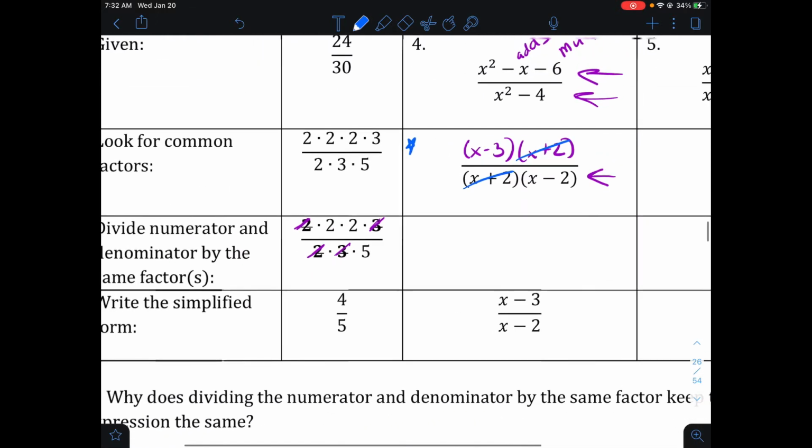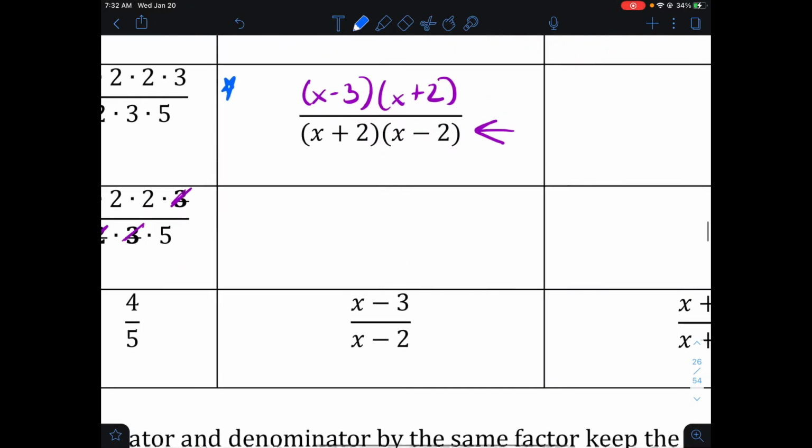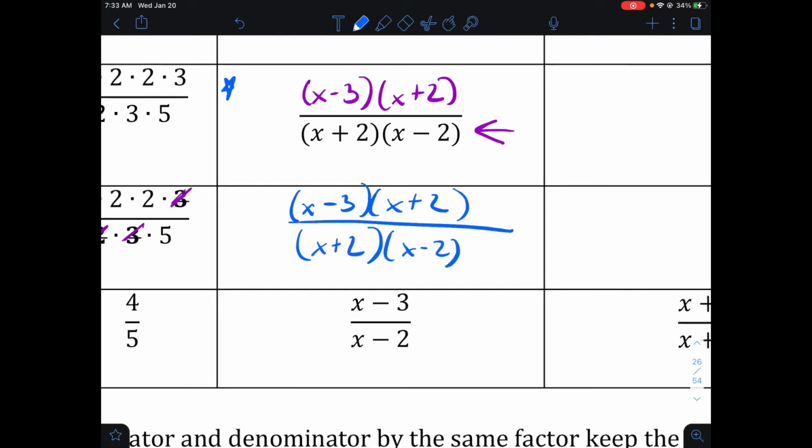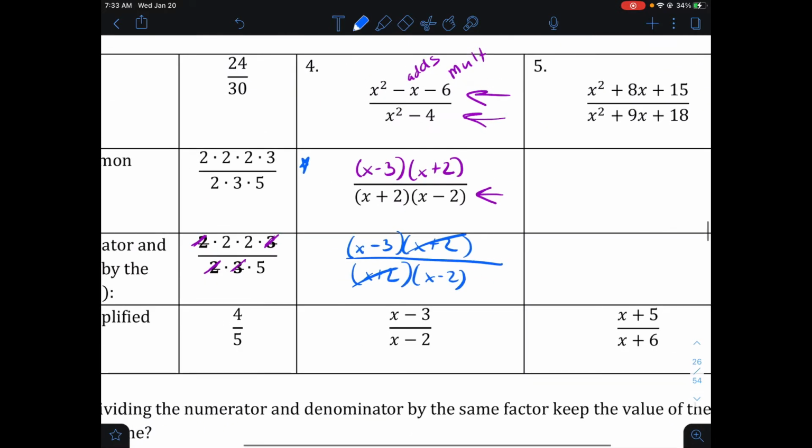If we have our x minus 3, x plus 2, x plus 2, x minus 2, they want us to cancel these. Awesome. And then we're left with the x minus 3 on the top and the x minus 2 on the bottom. So you can see how you can simplify these expressions. You can only simplify them if you have a common factor on the top and the bottom.